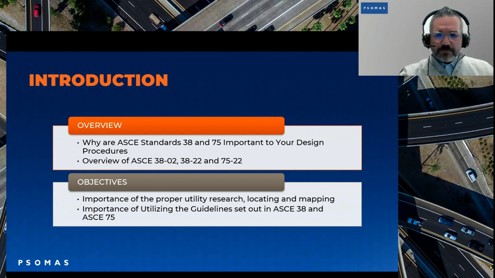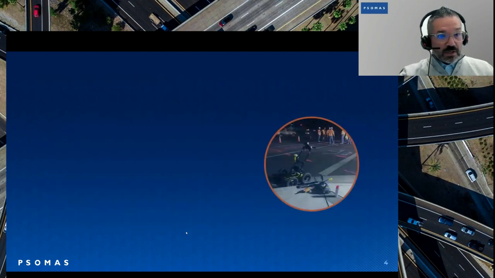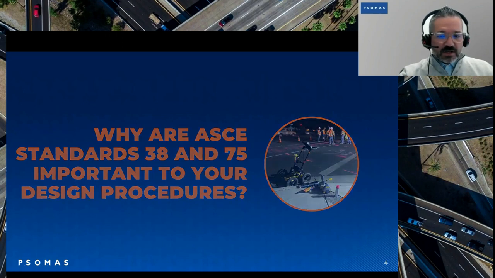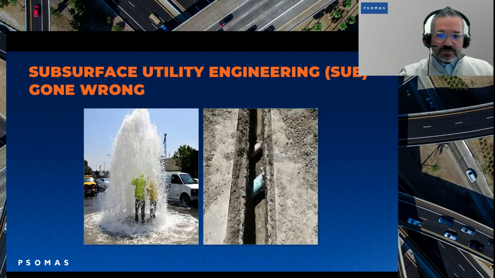So with that, why are ASCE standards 38 and 75 important to your design procedures? I had the opportunity, probably now going on about 10, maybe 15 years ago, working with Southern California Gas Company and San Diego Gas and Electric on their pipeline safety enhancement program.